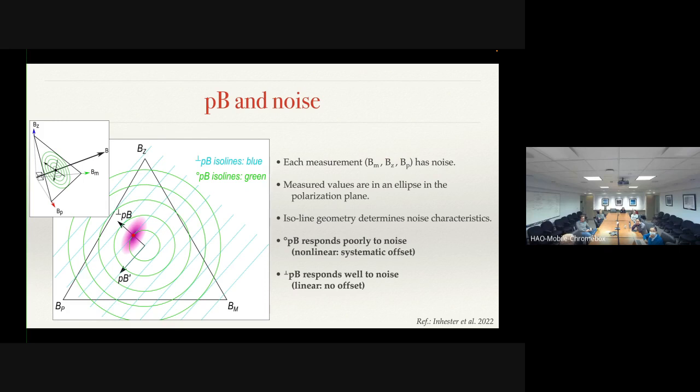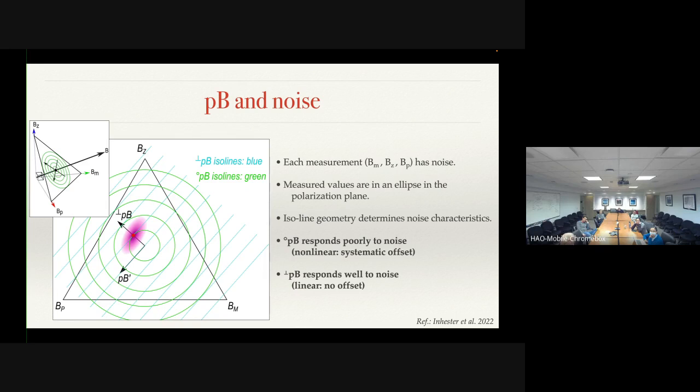So if you take a bunch of PB images that are noisy and you average them together, or if you take a PB image from your coronagraph and you average together pixels, you smooth the pixels in that data product, you will not converge to the true PB value. You will converge to something larger.